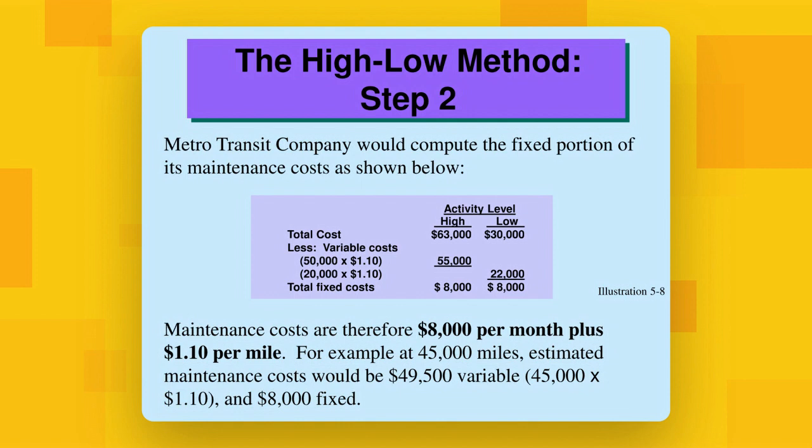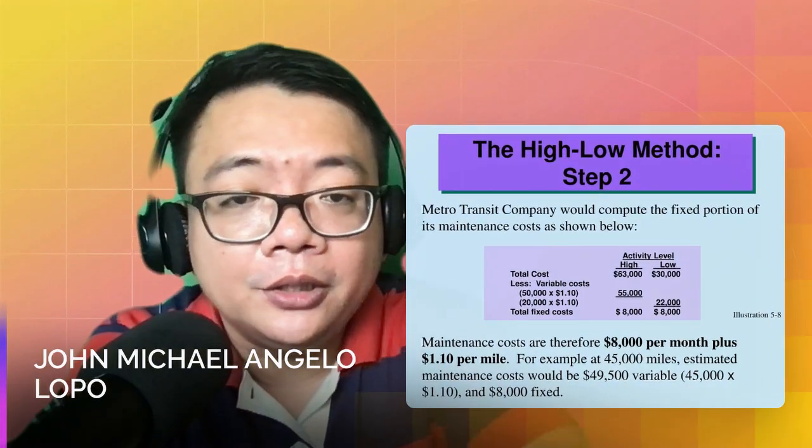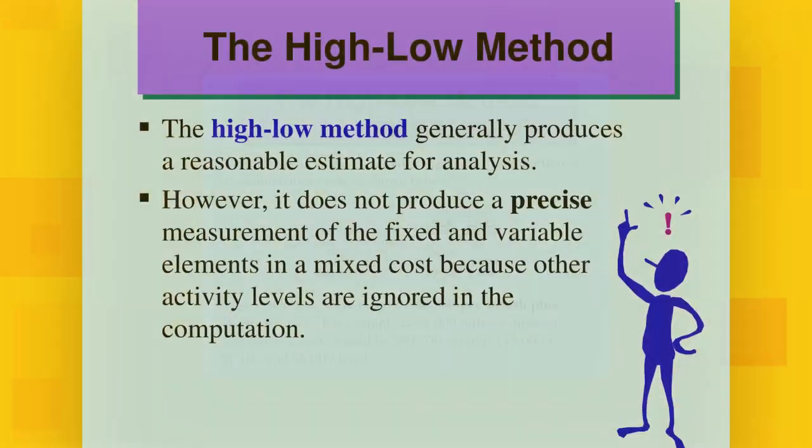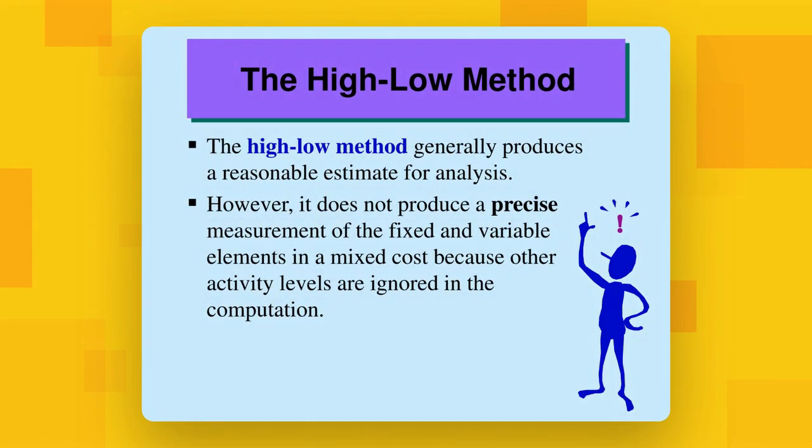So hopefully, class, you understand this high-low method. What is the essence, or what would be the pros and cons when you use this high-low method? The high-low method generally produces a reasonable estimate in terms of separating your variable and your fixed.